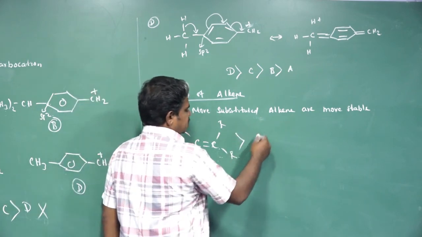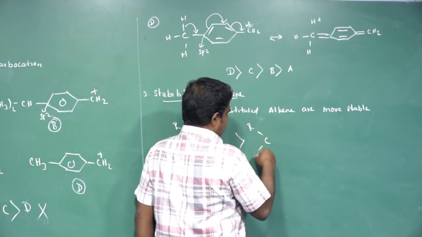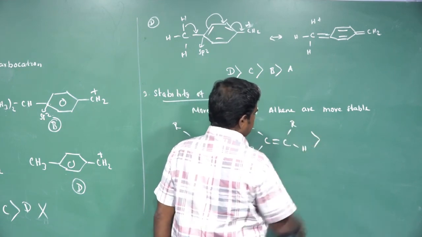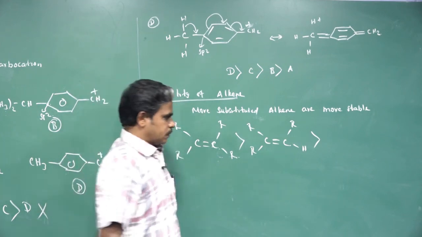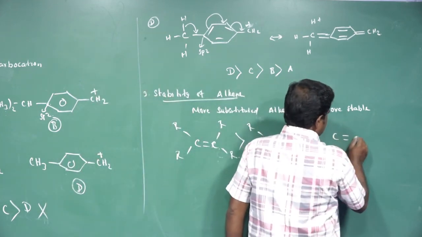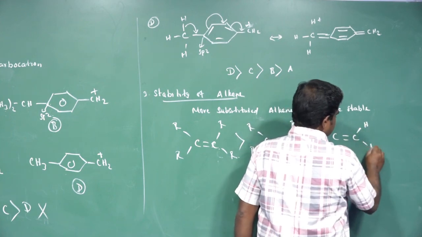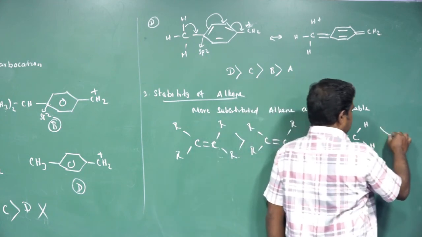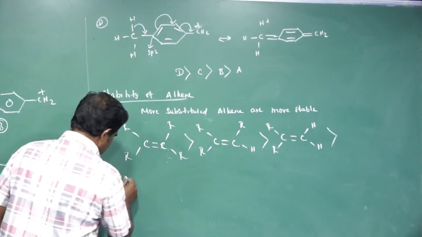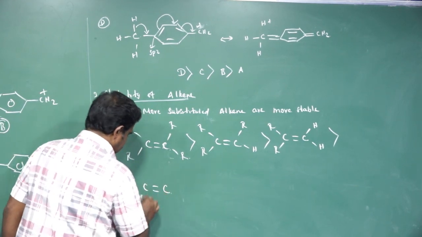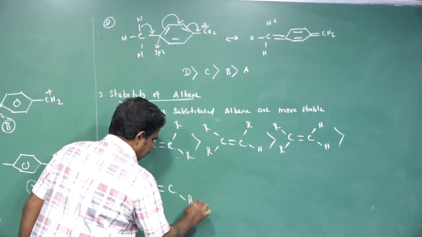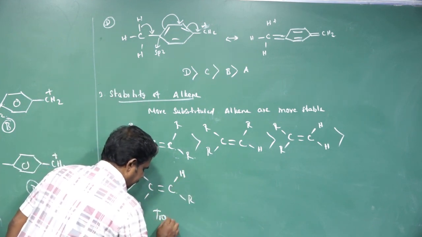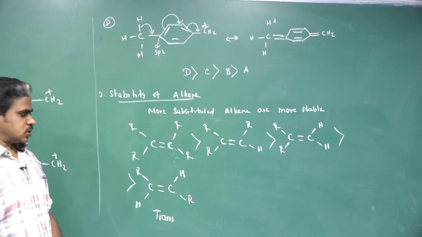Next, with three R groups and one hydrogen on the double bond, there are 9 hyperconjugations. The next one has two R groups and two hydrogens. If the R groups are on opposite sides, it is a trans alkene, and the trans alkene is more stable.